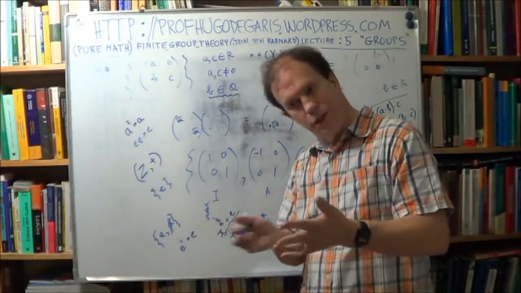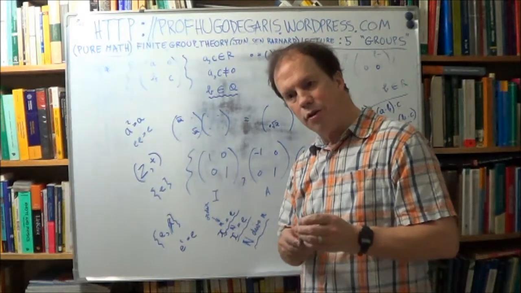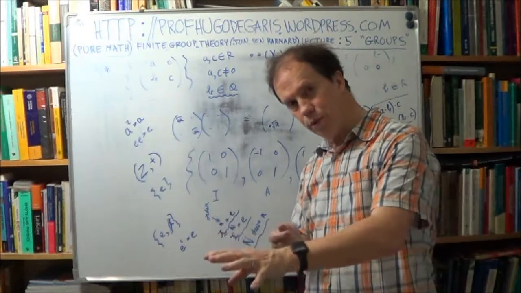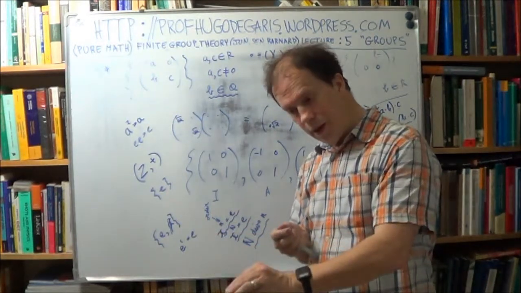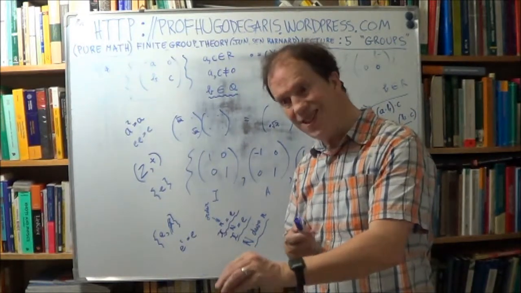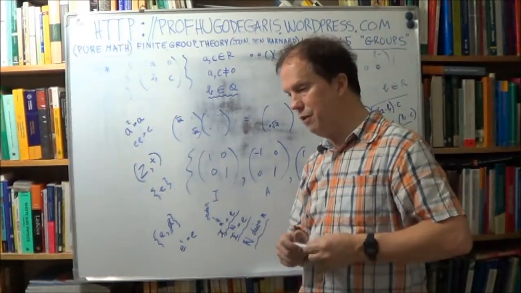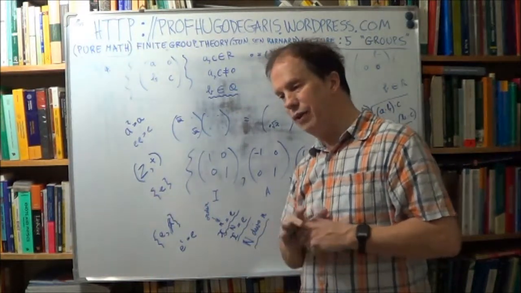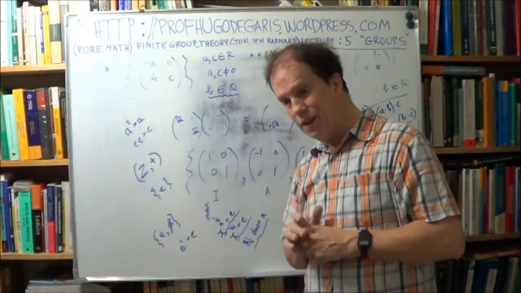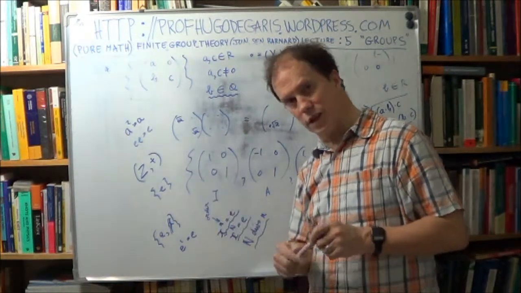Is there some kind of arithmetic relationship between the size of the group, the group's order, and the size of the smaller group, the subgroup, its order? So is there some connection? I'm giving you a taste of what's to come. In fact, this question I've just posed, its answer is a very famous theorem connected with subgroups, but that's the next lecture.